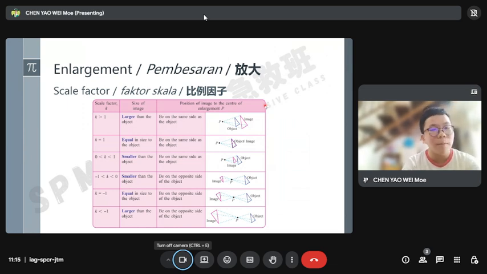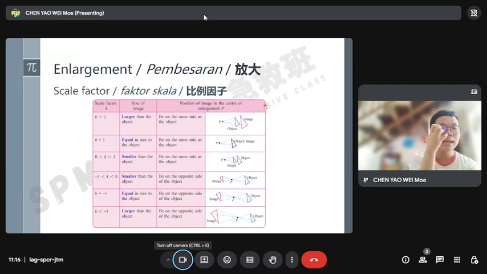If k is larger than 1, the higher the k, the larger the image. If k equals -1, it is the same size but the image is opposite, because of the negative. If k is smaller than -1, the image will be larger, on the opposite side.